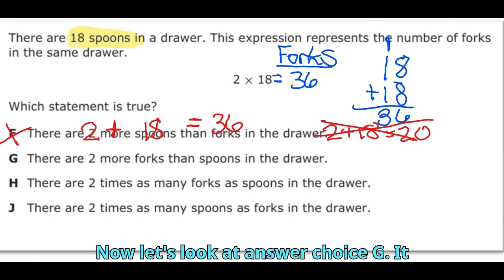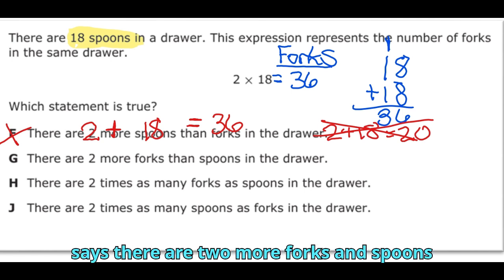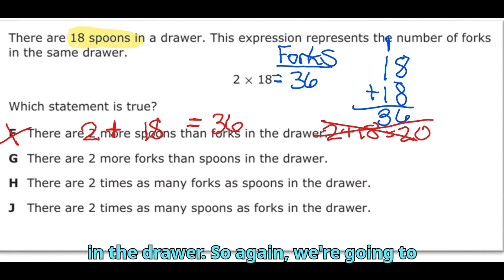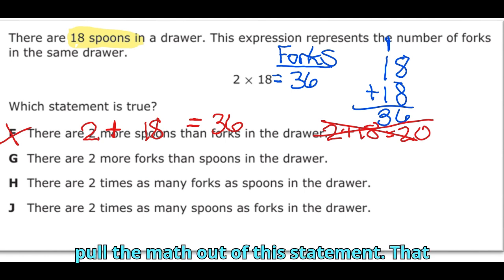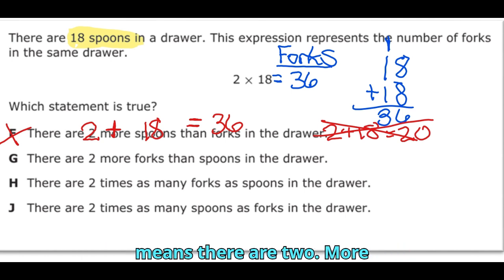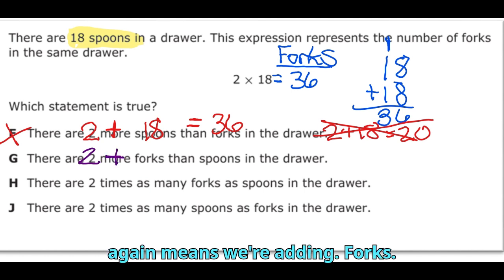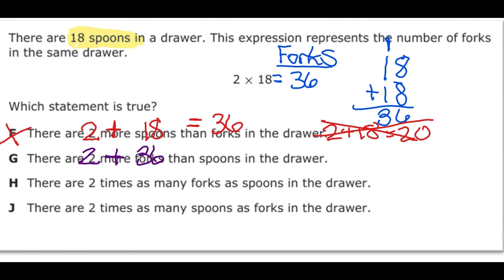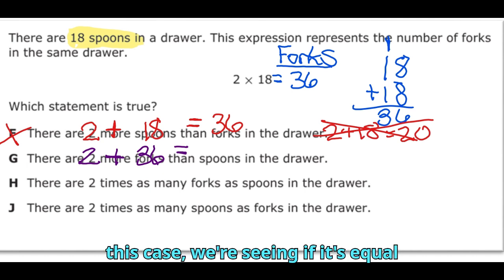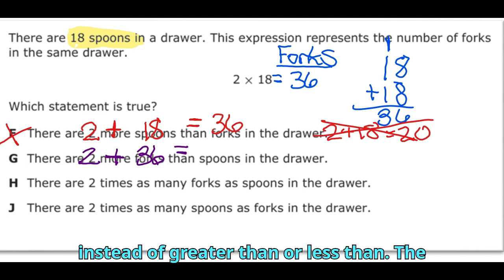Now let's look at answer choice G. It says there are 2 more forks than spoons in the drawer. So again, we're going to pull the math out of this statement. That means there are 2 more. Again, more means we're adding forks. What number represents forks? 36. Then is a comparison. In this case, we're seeing if it's equal instead of greater than or less than.